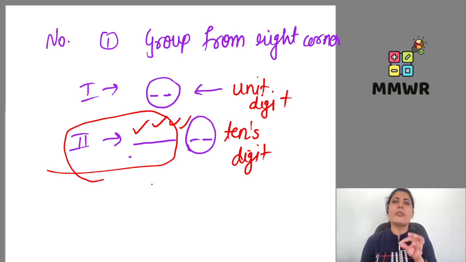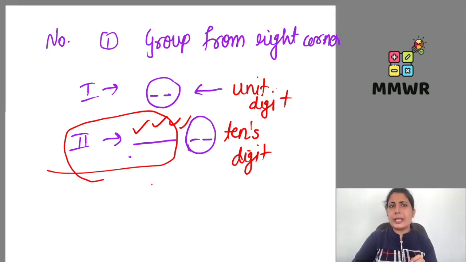For tens place or for hundreds place, you will for sure get one fixed number only. One number I'm saying, not digit, because it can be one digit also, it can be of two, three digits also. So here from the second group you will get only one option, but from the first group you will get two options. Now you have to cross check whether this digit will come at the unit place or the second one, whichever you are getting.